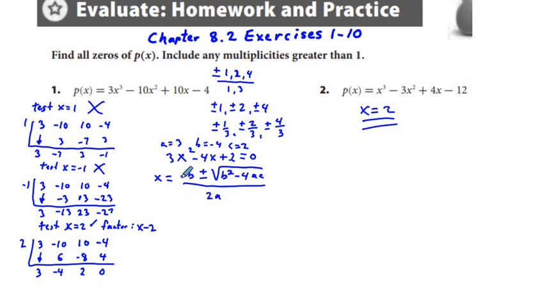And so for this we have b is negative 4, so we're going to have x is equal to negative, 4, which is going to be 4, plus or minus, we're going to have the square root of b squared. Well, we have b is equal to negative 4, so that's going to be 16 minus 4, and a is going to be 6, and c is going to be 2.